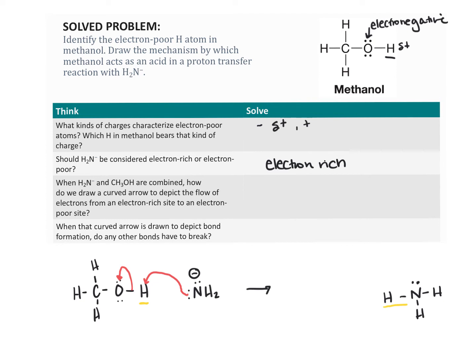So that initial OH bond must break. Nothing has changed between these carbons and hydrogens, but now we have these extra electrons on the oxygen, and when oxygen has one bond and 6 pairs of electrons, it carries a negative formal charge. And so we've shown how to draw the arrows in this proton transfer reaction.